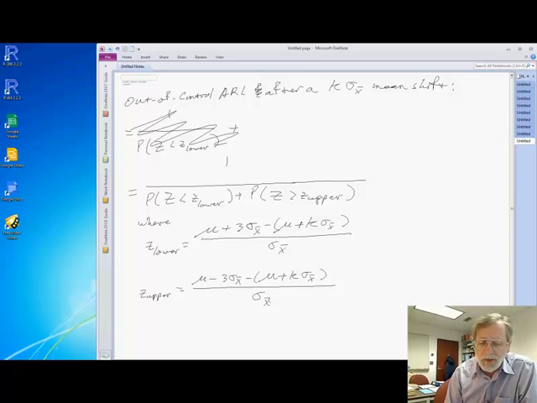Notice that these two formulas are the same except that in the first formula for Z lower it's mu plus 3 sigma x bar, and in Z upper it's mu minus 3 sigma x bar. And I knew there was something wrong.